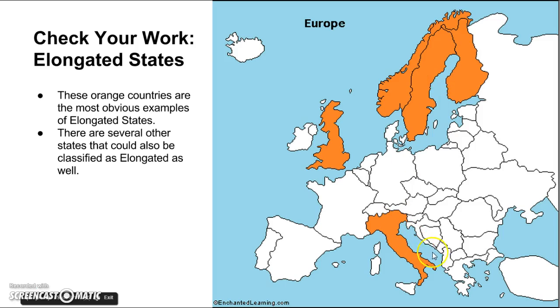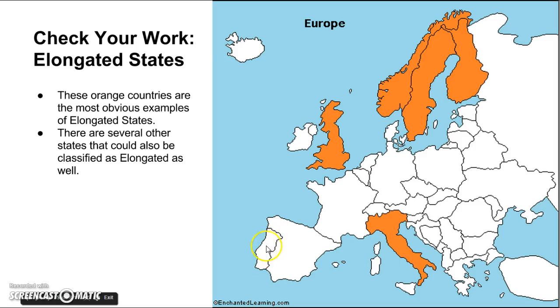Another example down here is Italy, where it is also a very elongated state with a lot of distance from top to bottom. Now, Italy has its capital more towards the middle, but it still is a long distance to go north and to go south from there. It's not a very compact territory. A few others that you may have classified as elongated, maybe Portugal over here.